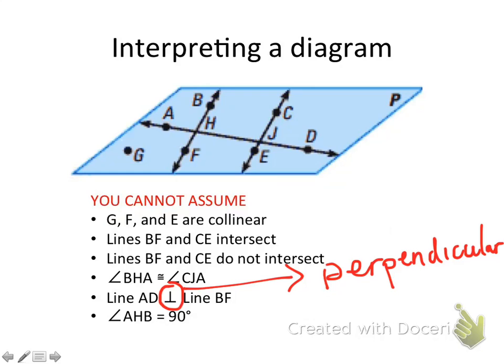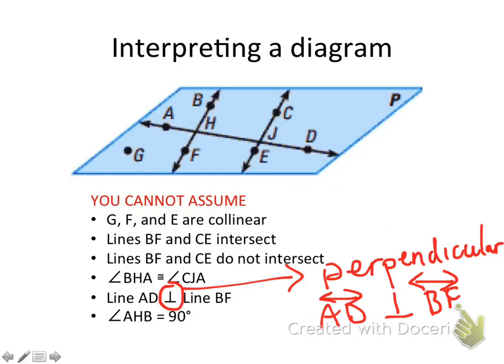Don't assume they're perpendicular unless you're told. Again, they will tell you line AD is perpendicular to line BF. They want you to know they're perpendicular. They'll tell you they're perpendicular, or they will put a little box in the corner telling you that they make a right angle. That brings us to the last one.